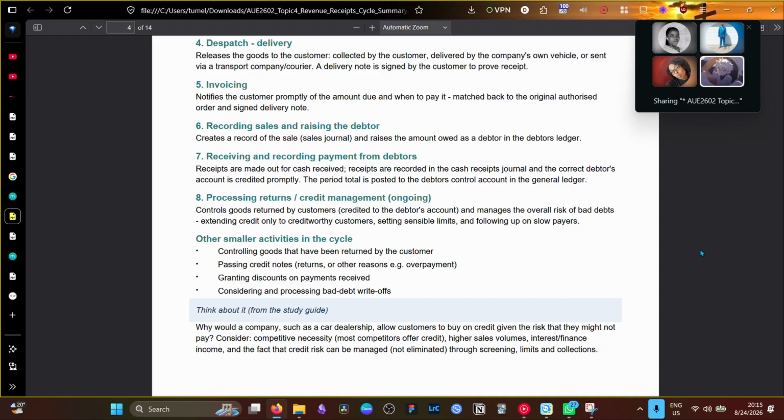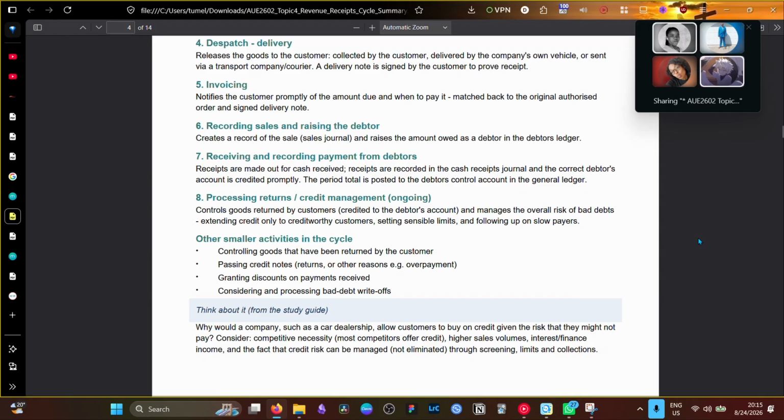So the more people don't owe you, the less it will be. The more people owe you, the higher it will be. So you are basically seeing who owes you. A debtor is someone that owes you.